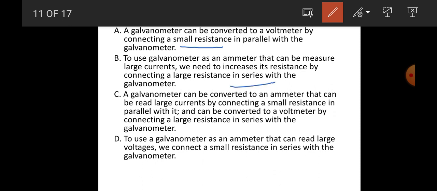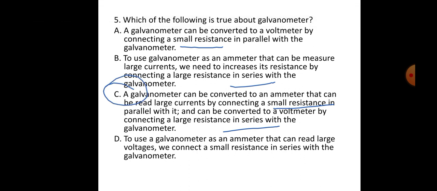This cannot be; to measure current, the shunt resistance is a small resistance in parallel. C: a galvanometer can be converted to an ammeter that can read large current by connecting a small resistance in parallel. The small resistance is the shunt resistance, in parallel, as we said. And it can be converted to a voltmeter by connecting a large resistance in series, as we also said. So the answer is C. The answer is C.